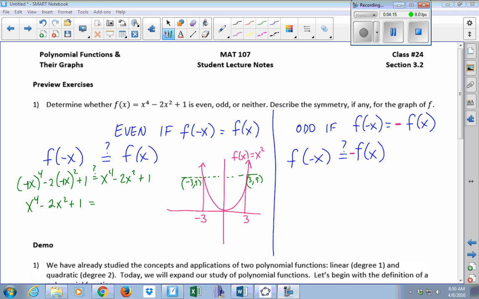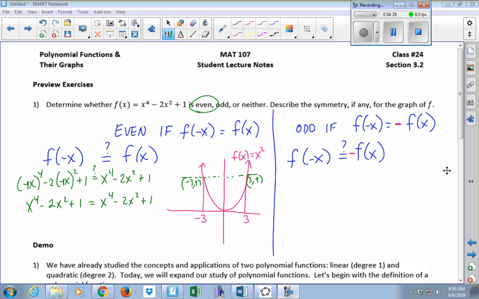And as you can see, Felicia's idea works here, because every time you put the opposite in, as long as all your exponents are even, it's going to come out to look just like when you put in x. So this is an even function, so it has symmetry about the y-axis.